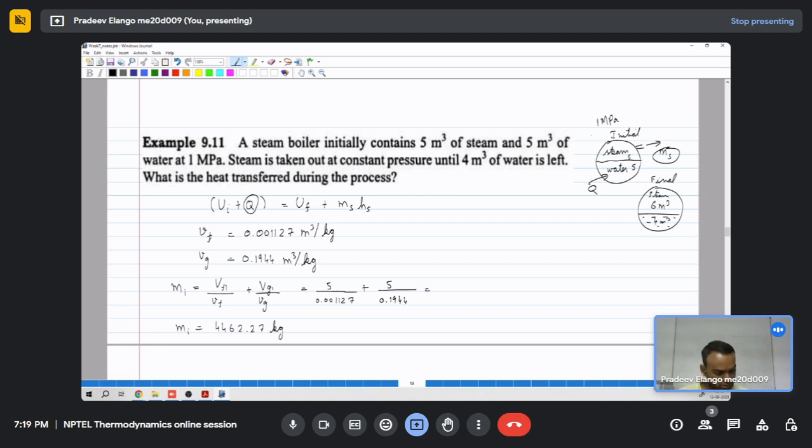Can you also get the individual masses, like the mass of the fluid alone and the mass of the vapor alone?